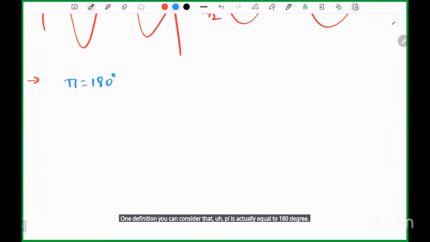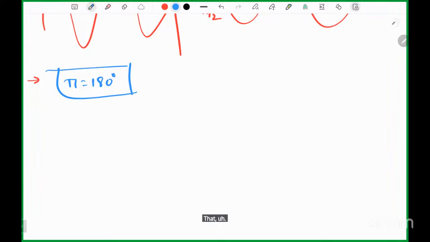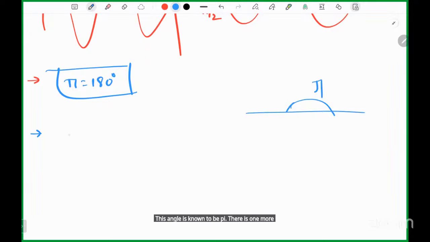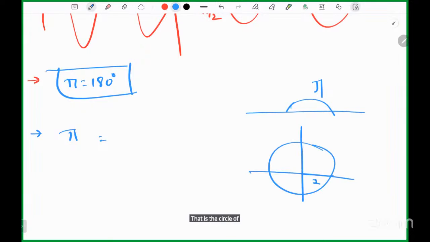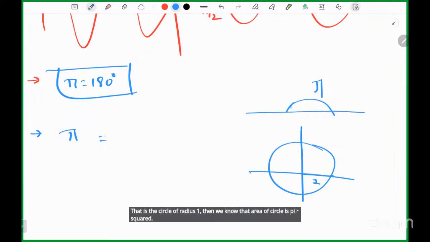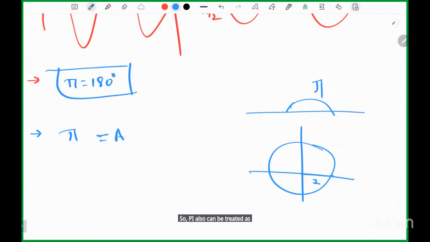Yes, that's correct, that 180 degree angle is known as pi. There is one more description: pi is the area of a unit circle. If you consider the circle of radius 1, the area of a circle is pi r squared, so pi can be treated as the area of the unit circle.